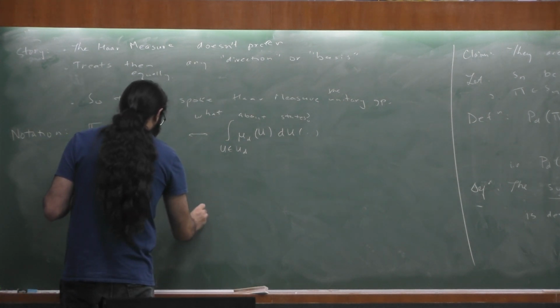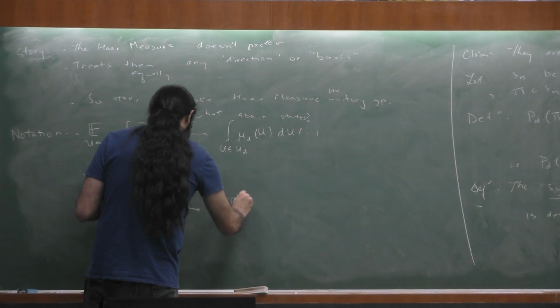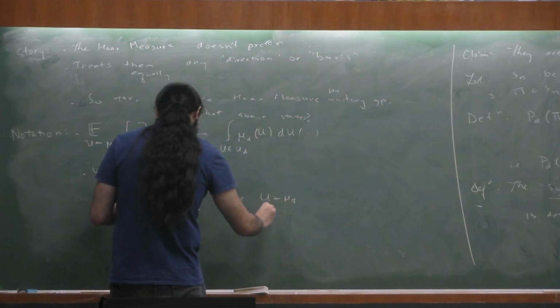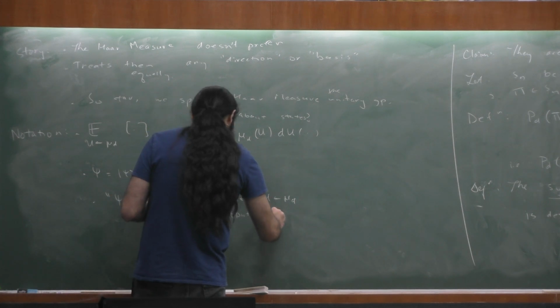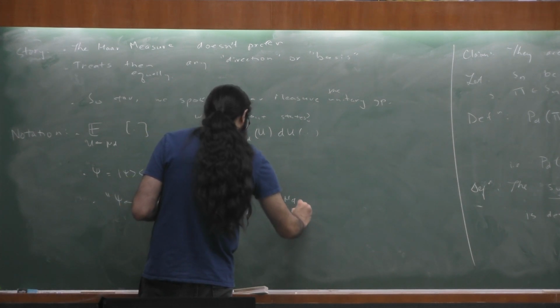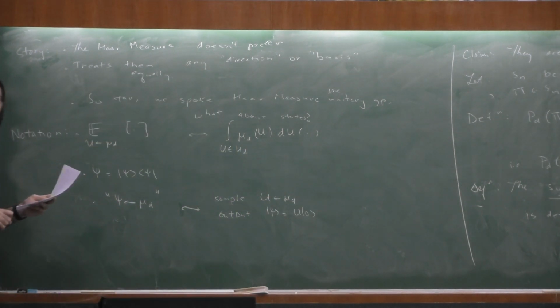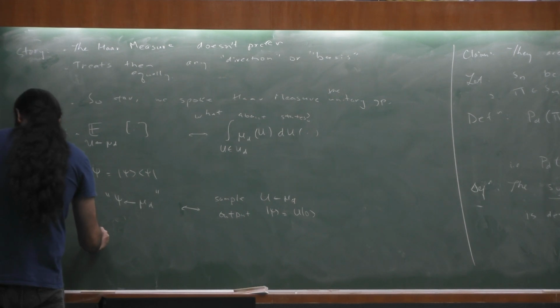This will basically mean you sample a unitary according to the Haar distribution, and you output psi as u acting on some fixed initial state, 0, which is some fiducial state.